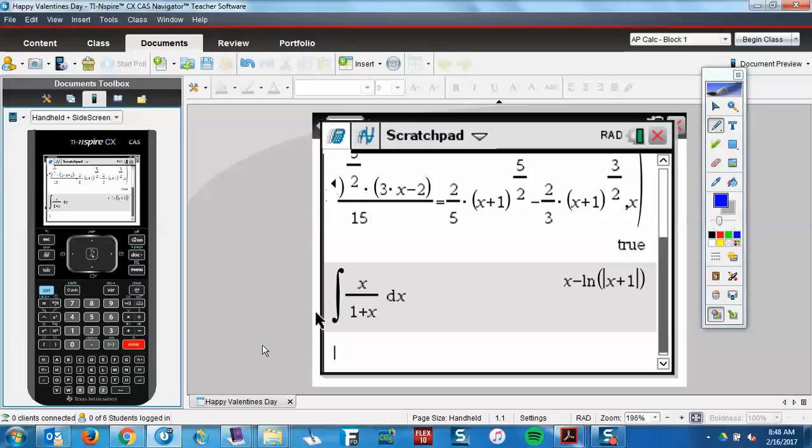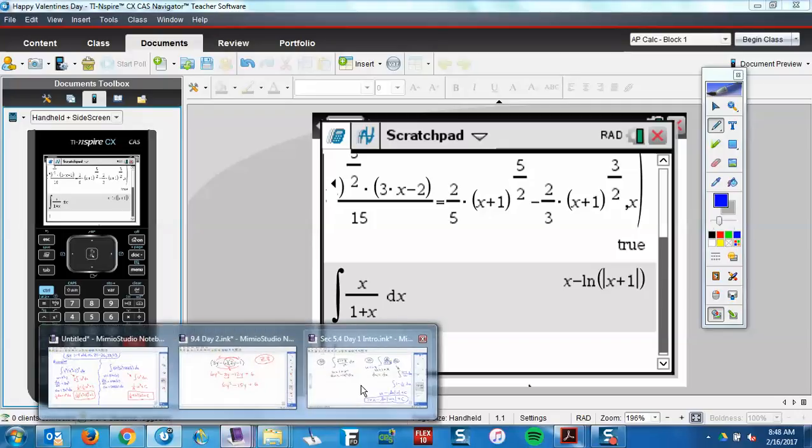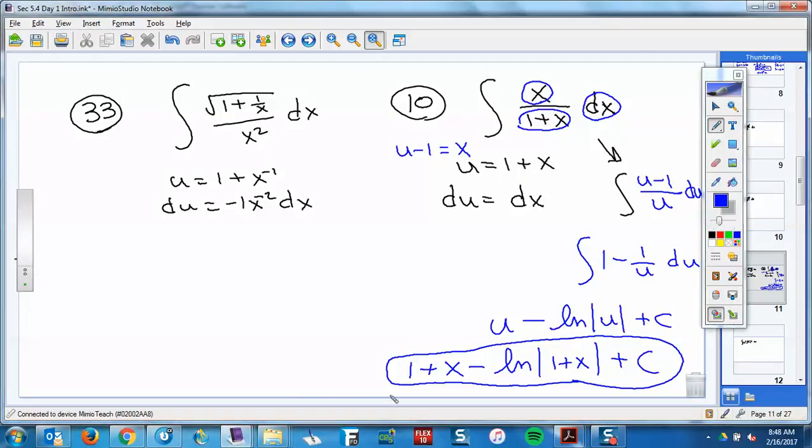Now, first of all, your calculator doesn't put the plus c's in there, so they're always going to be missing. What else do you notice? The 1's missing. What happened to the 1? Well, it's related to the c.